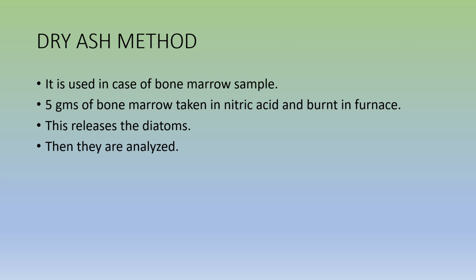Dry ash method. This method is used in the case of a bone marrow sample. When a bone marrow sample is used for the examination of diatoms, the dry ash method is used. Here, let's take 5 grams of bone marrow into nitric acid, and then it is burned in the furnace to ash.